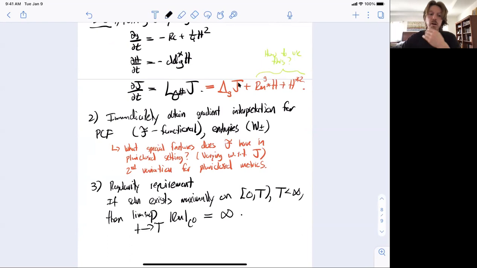So the curvature has to blow up at a singularity, and we don't have to prove anything further. This immediately follows from the fact that it's generalized Ricci flow in disguise.